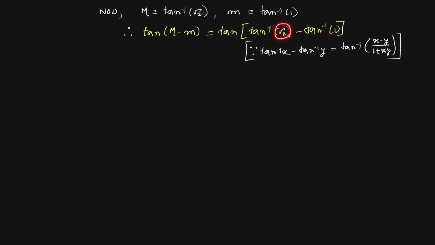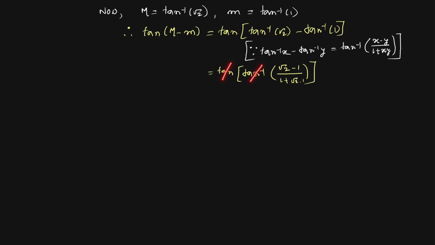So we break this with the help of this formula. We take root 2 as x and 1 as y. So this we are able to write as tan of tan inverse of root 2 minus 1 divided by 1 plus root 2 into 1.